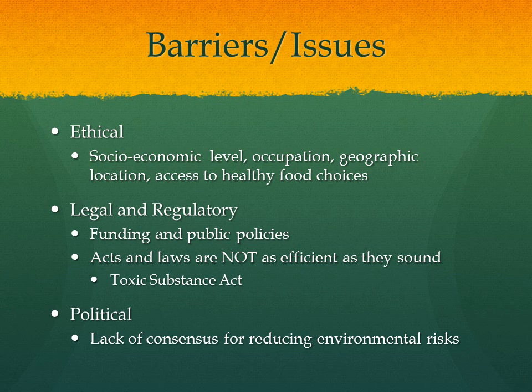There are also legal and regulatory barriers. Funding and public policies: funding is just not there, and some of the acts and laws are not as efficient as they sound. An example of one of these acts is the Toxic Substances Control Act. Also, politically, there's a lack of consensus for reducing environmental risks. People are not agreeing on ways to decrease pesticide exposure.